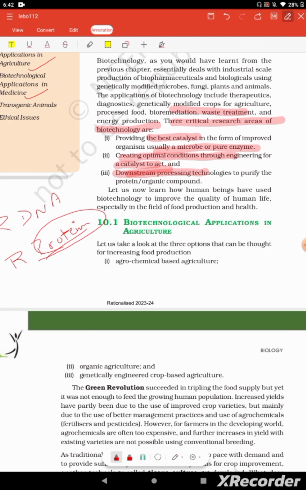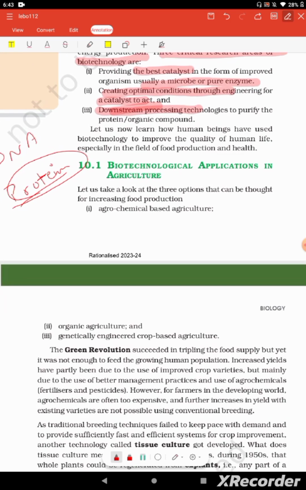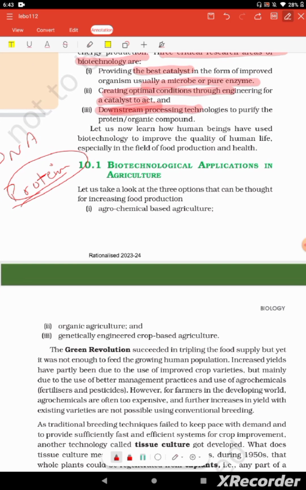So let us look at the three options that can be thought of for increasing food production. Agriculture, as we all know, is related to producing food for humans and animals too.